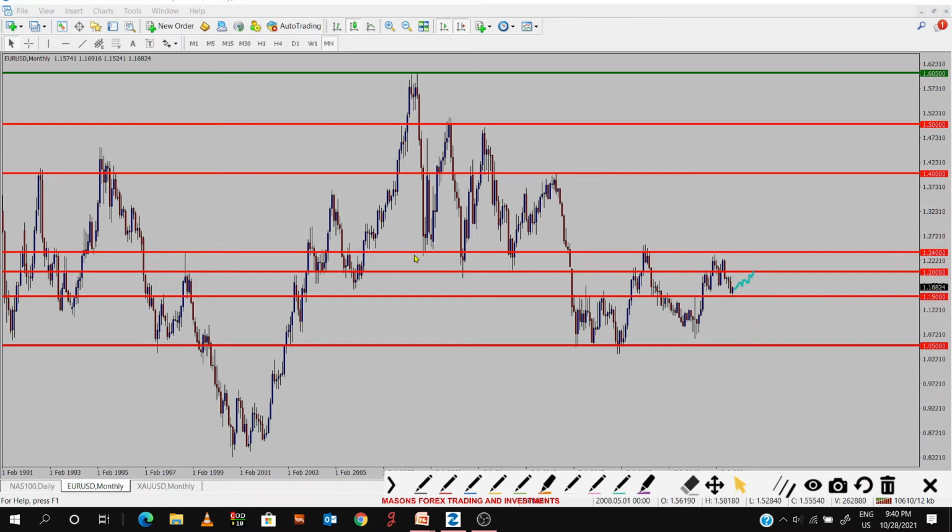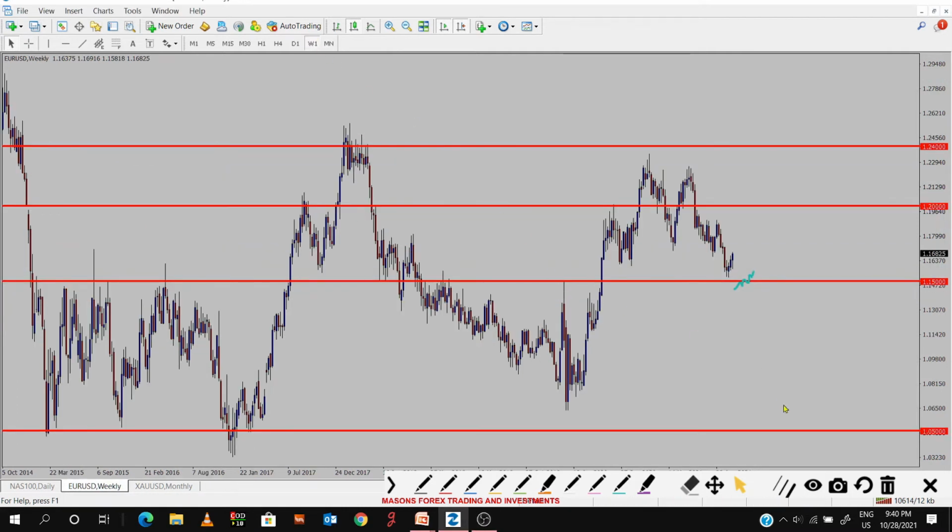Let's see if we can get more clarity. On the weekly chart, we want to look for some clarity or evidence. Here we can see prices moving away. Again, we mentioned this area acted as support.